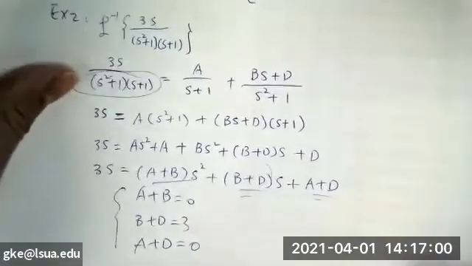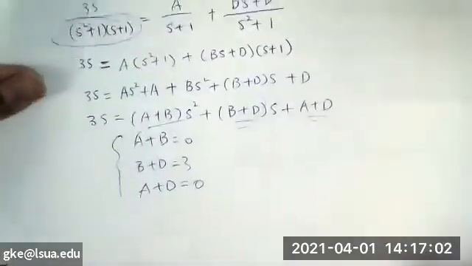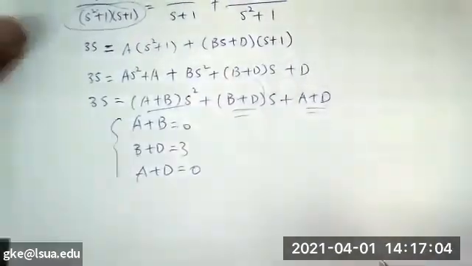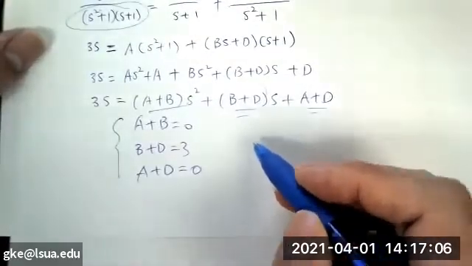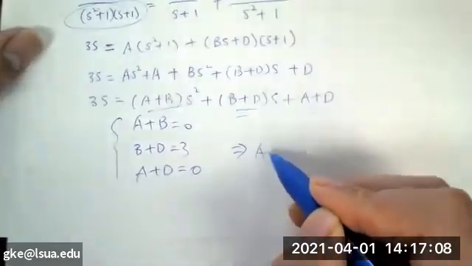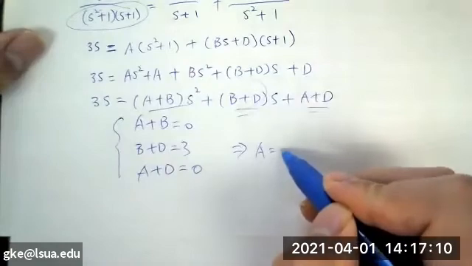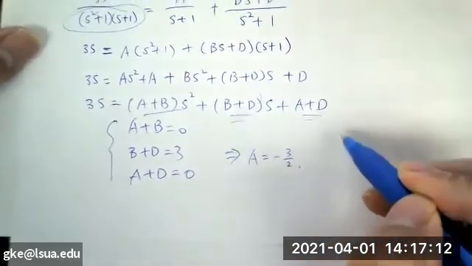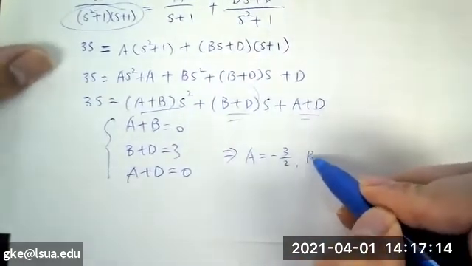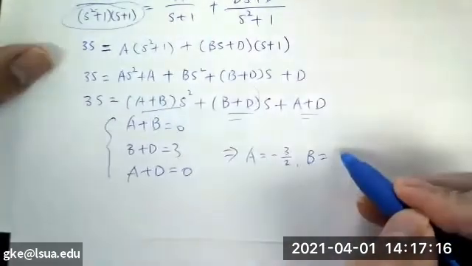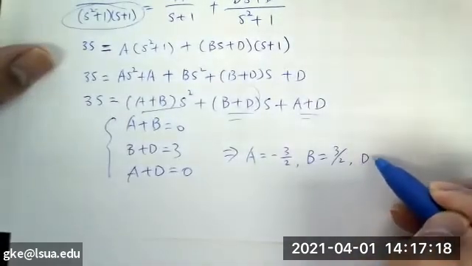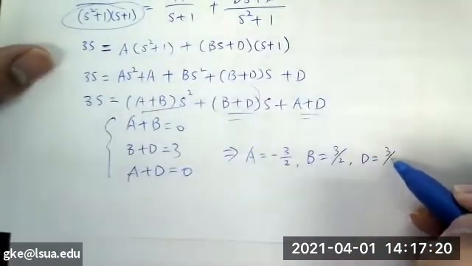And then we're gonna solve it. Basically, I think it's not too hard. You can find these three parameters from these three equations. D equals 3/2.